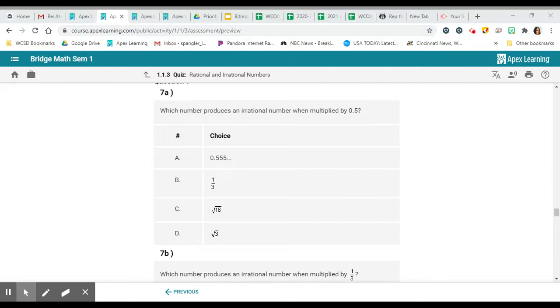B, if you use Desmos or your calculator, you'll find that's repeating. If you take the square root of 16, that's going to give you 4, which is a rational number, which leaves us with the square root of 3, which is irrational. So that is going to be your answer.